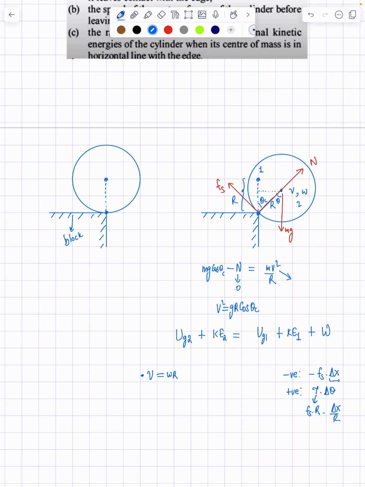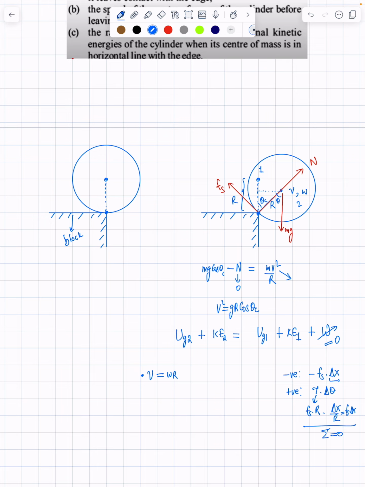So essentially you can see that this is also equal to Fs times delta x. So the net work done by static friction is actually 0. So yeah, we see that the W is 0 here. So it means we can use energy of conservation.